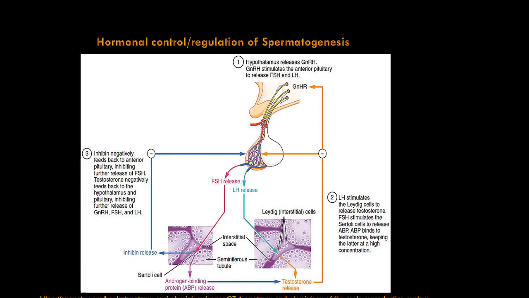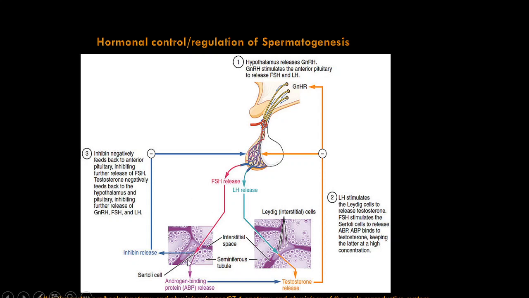Now, there is a negative feedback control that is there. This negative feedback control can occur by two processes. First is the excess of testosterone. When there is excess of testosterone, this will inhibit the pituitary, which will stop producing the FSH and the LH.